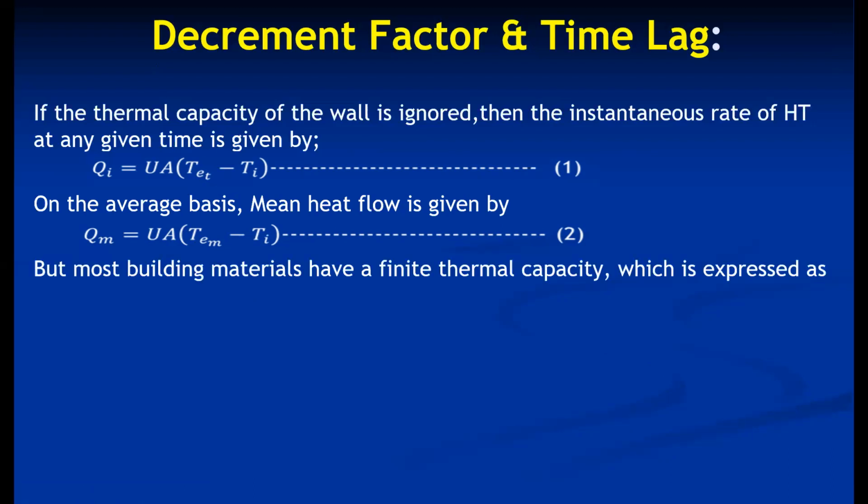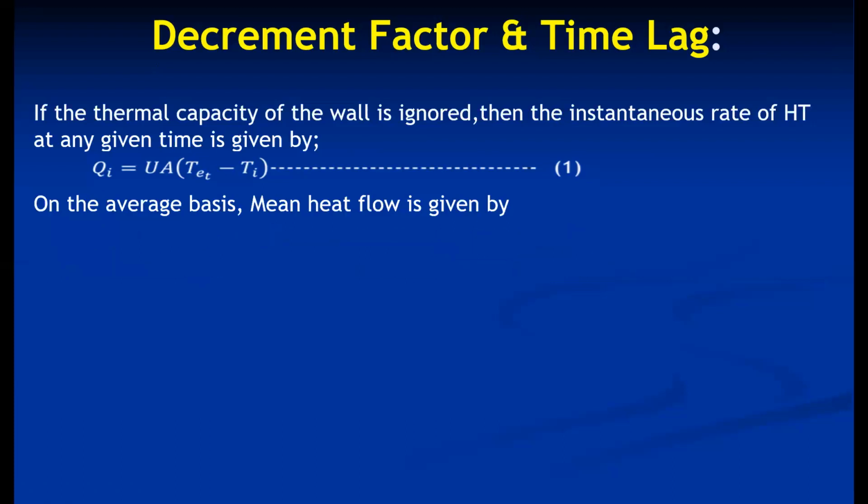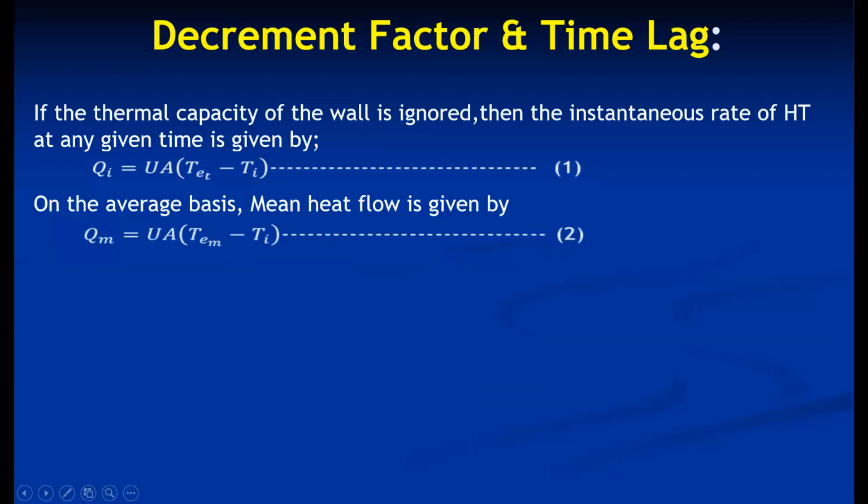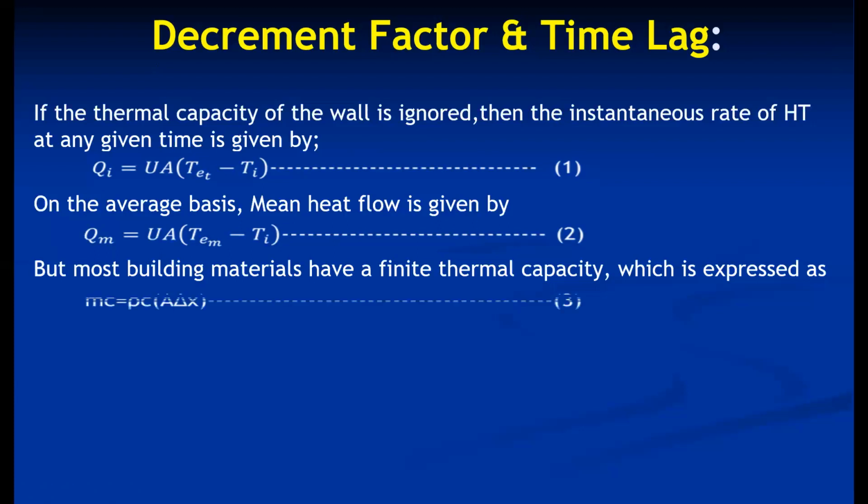So on the average basis, this equation can be used. But most building materials have a finite thermal capacity. So already we have seen these building materials. They have a finite thermal capacity, which is expressed by this formula. That is, thermal capacity is mass into specific heat, and mass is density into volume. Volume is the surface area of the wall into the thickness of the wall.